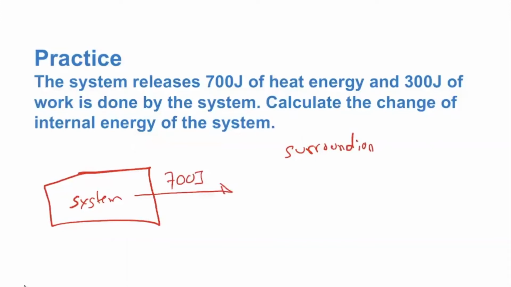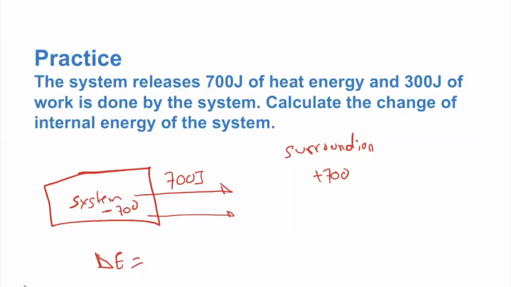So that means that since the system is releasing, that's going to be a negative. So delta E is going, and then that means that the surrounding is gaining 700, right? Because if the system loses, the surrounding must gain it, and then it's work done.